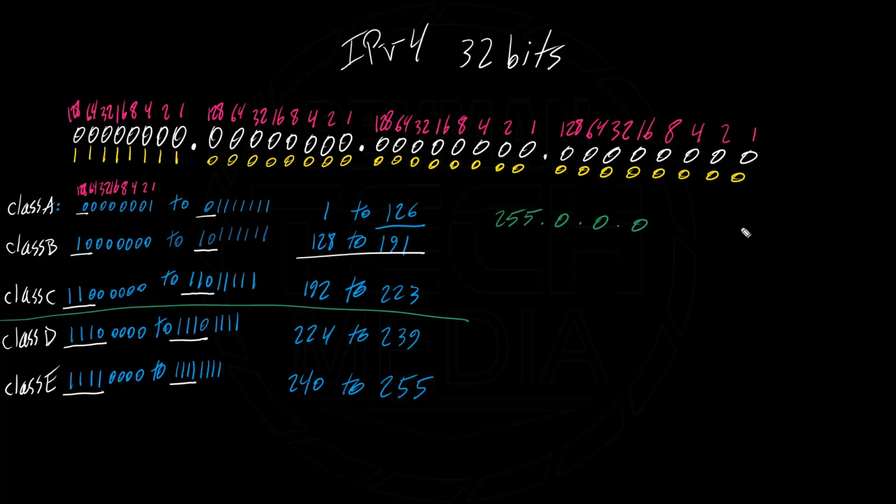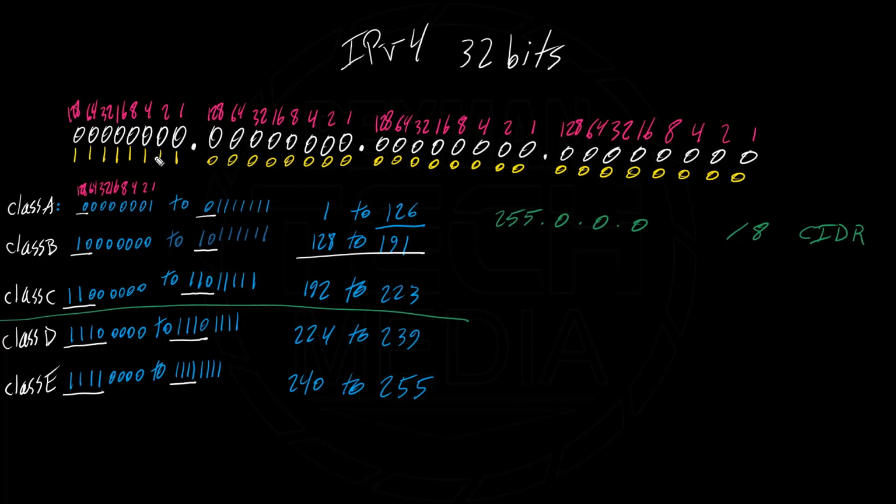You might see also this CIDR notation /8. CIDR, classless interdomain routing, which we will talk about more when we get to the VLSM or the classless subnet mask. So this /8 means that 8 bits fixed, 8 bits turned on, 8 bits for the network.